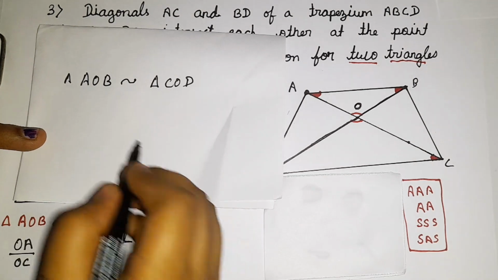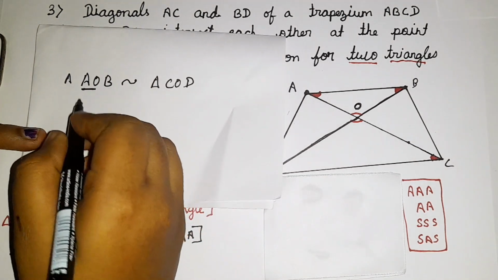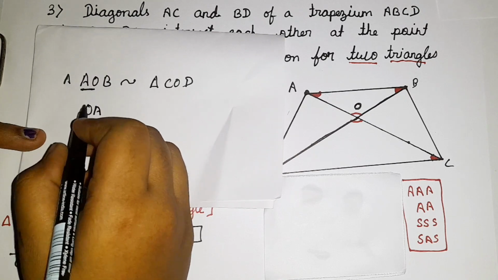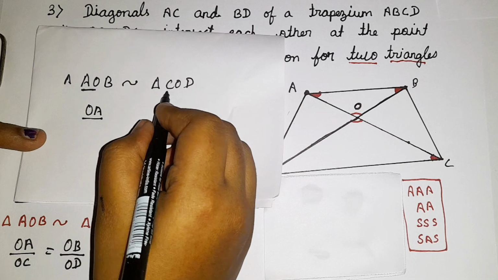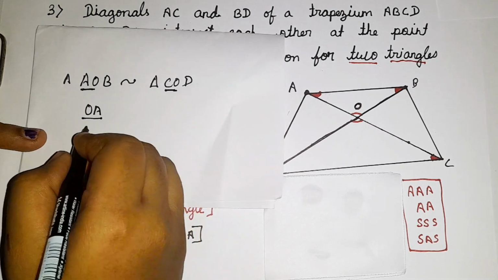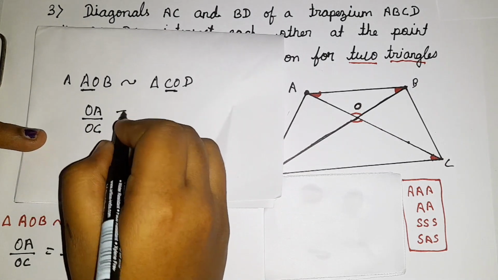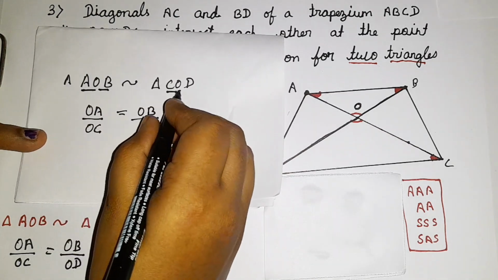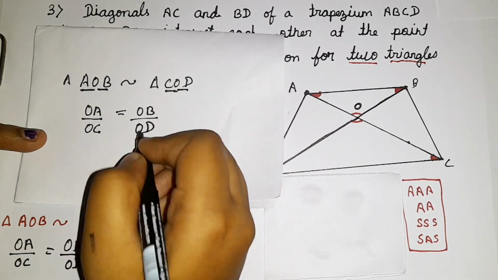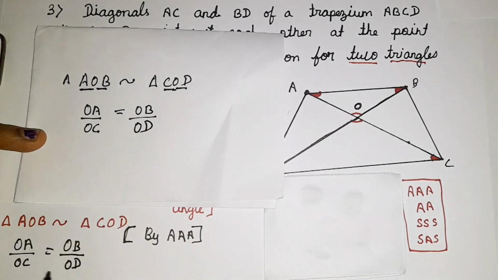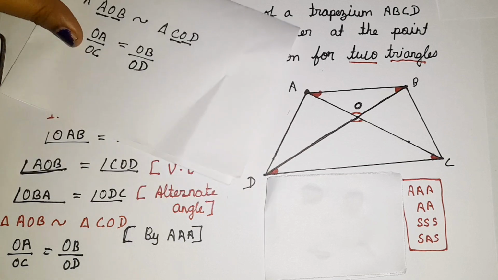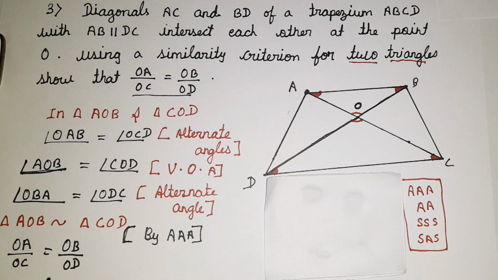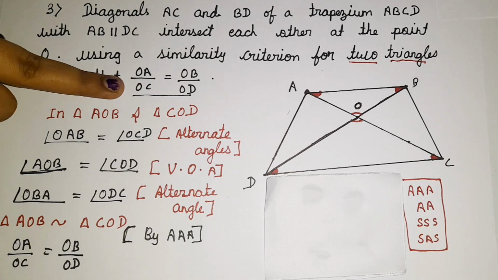Here I have AO, so you can write it as OA. AO and OA are both the same. OA by, here it is CO, so I can write it as OC, is equal to OB by OD. Likewise I just wrote it. According to the question we are supposed to show this one, and likewise I showed it.